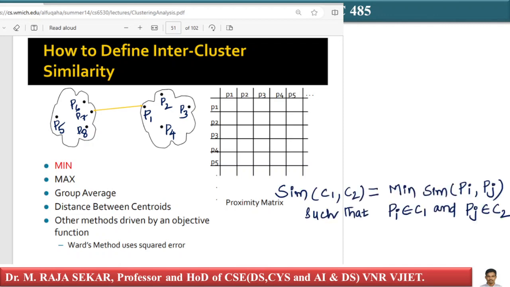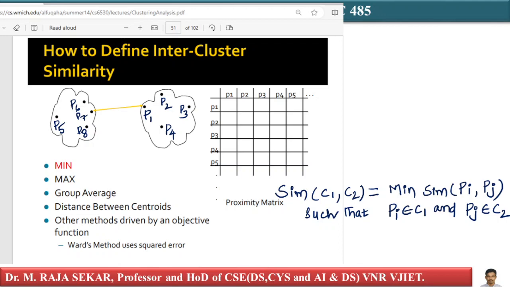Similarity between C1 and C2 is equal to the min of similarity between Pi, Pj, such that Pi belongs to C1 and Pj belongs to C2.